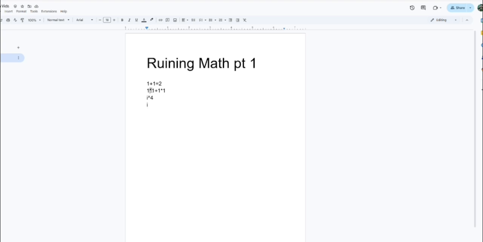You see, I'm going to replace the 1s with i to the power of 4. This is an imaginary number if you didn't know.